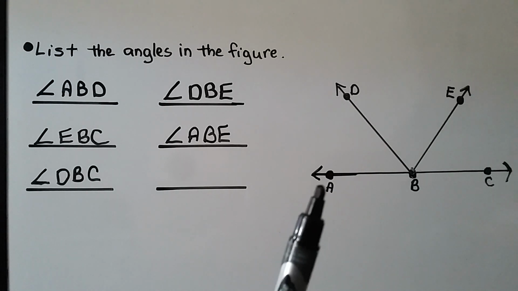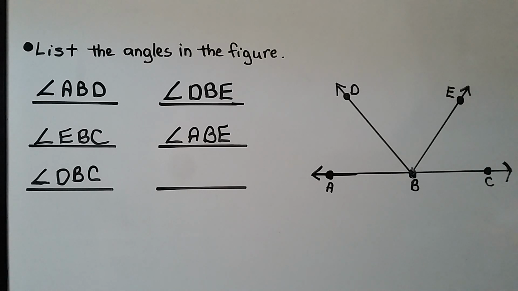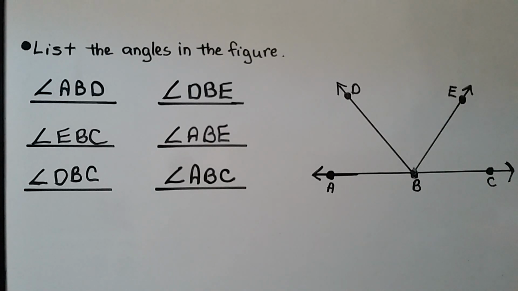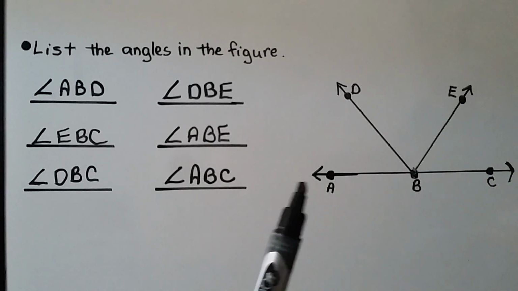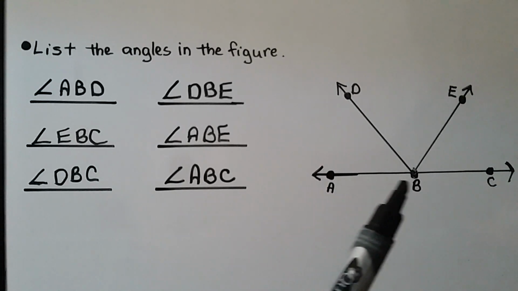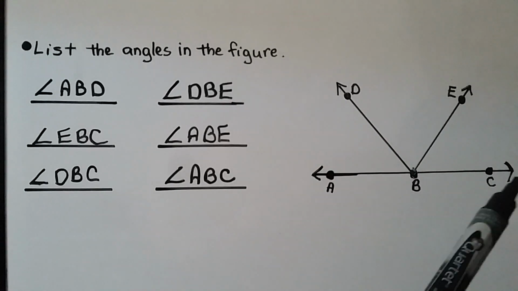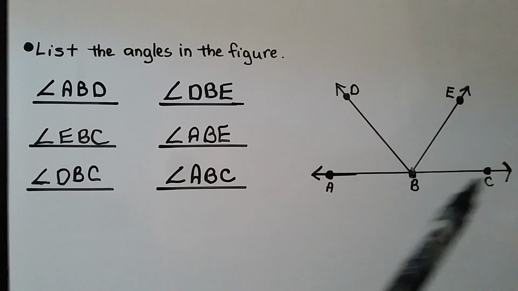It's the straight angle ABC with B as the vertex. So even though we didn't notice them right away, there were more angles here, weren't there? We can just ignore this ray and find that angle. We can ignore this ray and find that angle. And we have to remember there's a straight angle here.